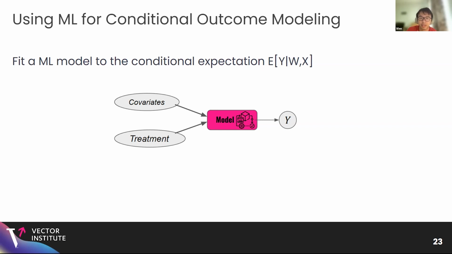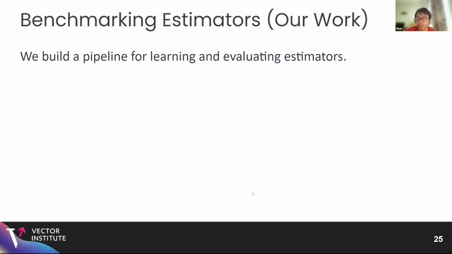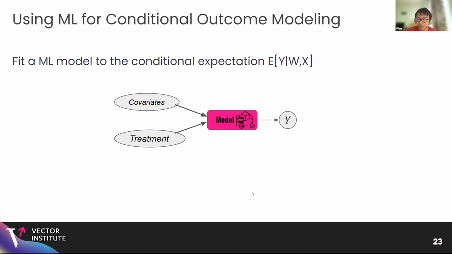For example, we have covariates, which in a learning setting are just features, and the treatment, which in our case is binary: whether the unit is treated or not. With these as the input of the model, we can determine outcome y, which is the expected value of y given those covariates and treatment.